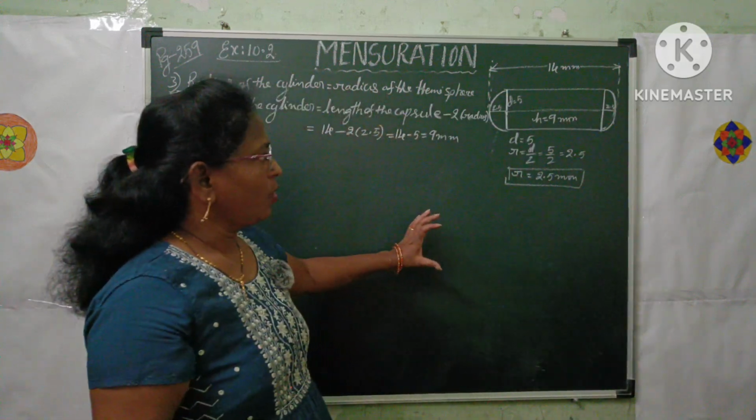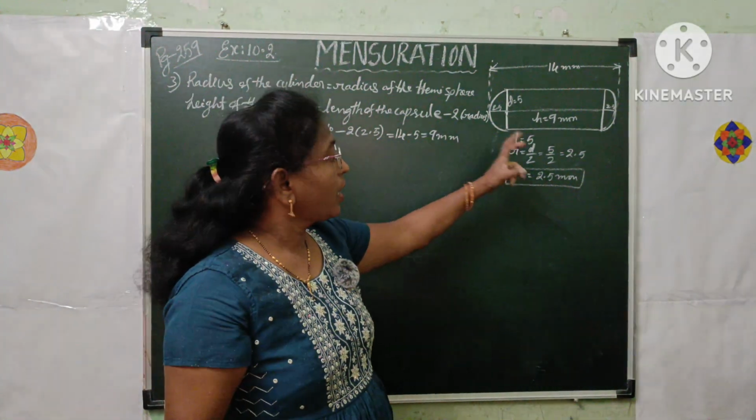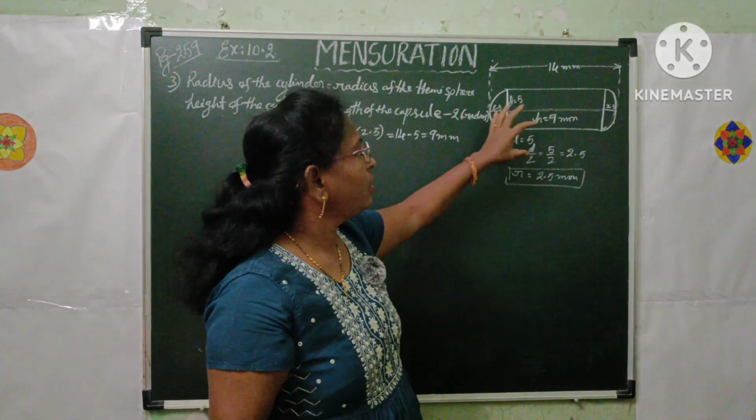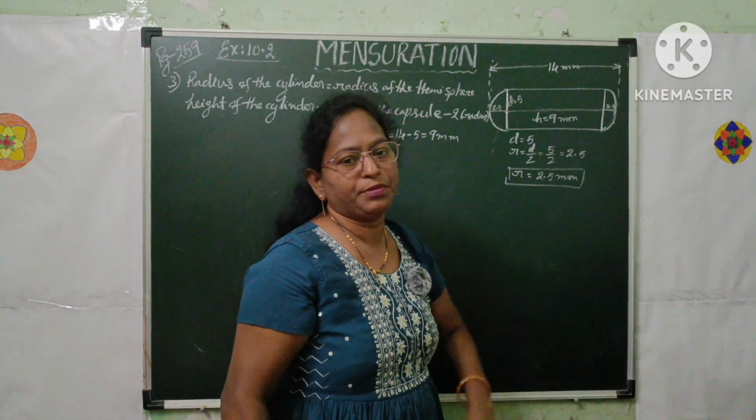Okay. Now we have to find the total surface area of the capsule. That means we have to find the surface area of the cylinder and the surface area of the two hemispheres.